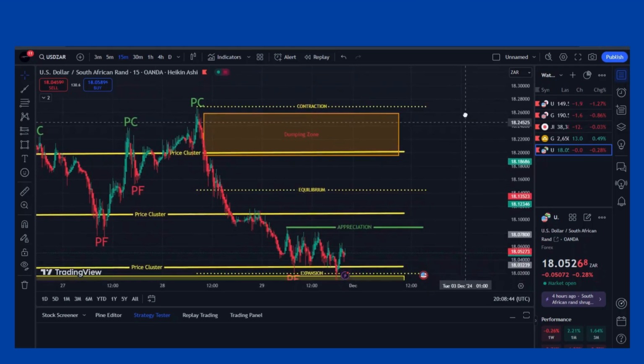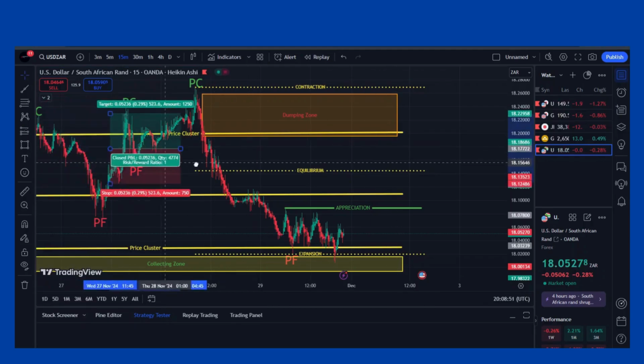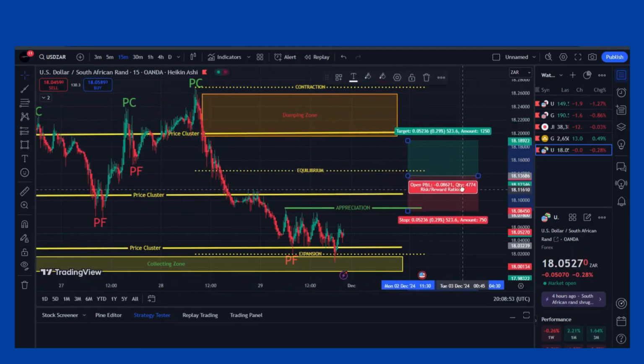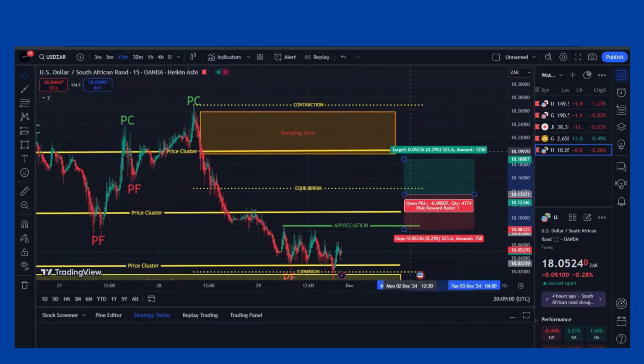I look at the last highest price ceiling and price floor of that particular day, then I indicate my equilibrium level, expansion level and construction level.